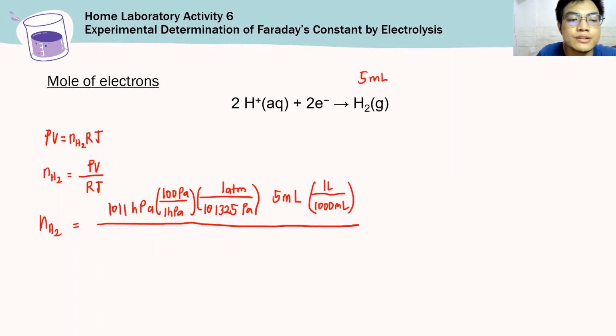For the R, this is just the gas constant, so 0.08206 liter atmosphere per mole Kelvin. Then for the temperature, I also determined it using the Windy website, and it stated that the temperature in my area is 27 degrees Celsius. But I have to convert this into Kelvin, so I will add 273.15.